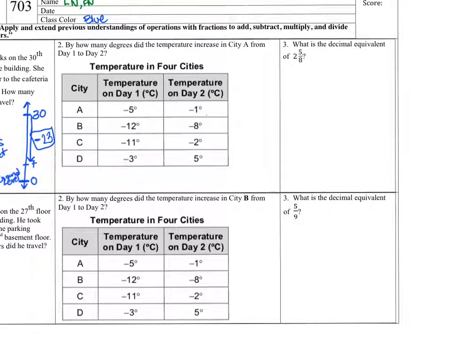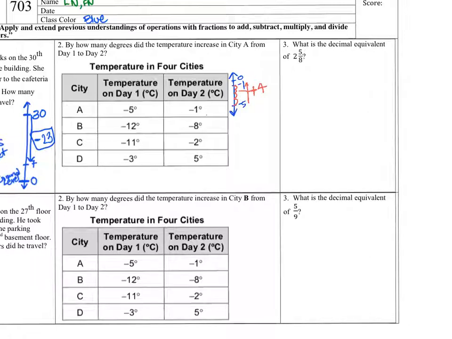So I'm going to just draw a little picture again. We went from negative 5 to negative 1 in the first city in one day. So the distance between negative 5 and negative 1 is actually 4. It went from negative 5 to negative 1 in the positive direction 4 units.